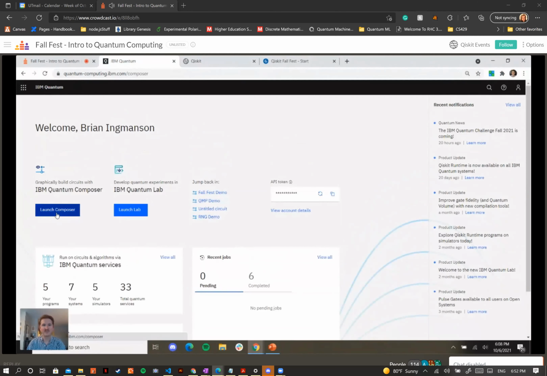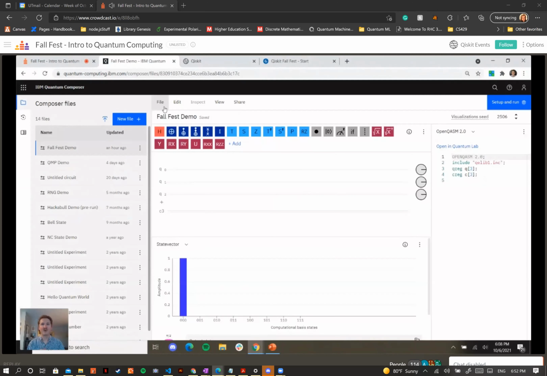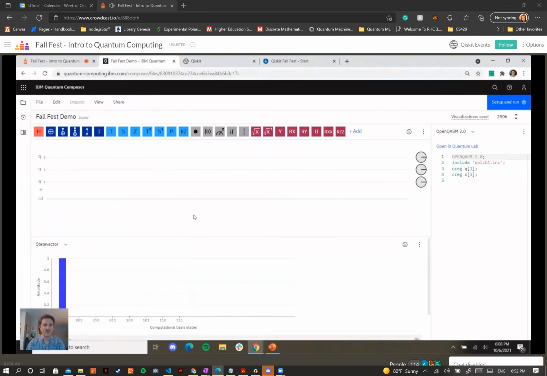I'm going to open up the Quantum Composer, which is where we can put together our first quantum circuit. So a circuit on a quantum computer is kind of how we reference the code that's actually running here. Up front, right in the middle here, this big series of lines, this is our timeline. This is our composer, where you can drag and drop different instructions to our qubits. Each line, you can see Q0, Q1, Q2.